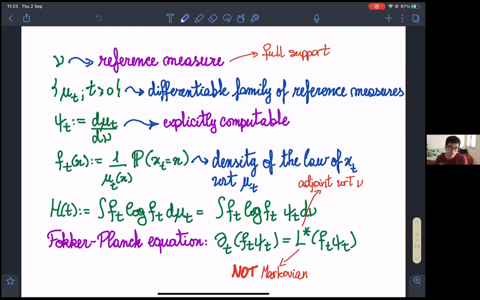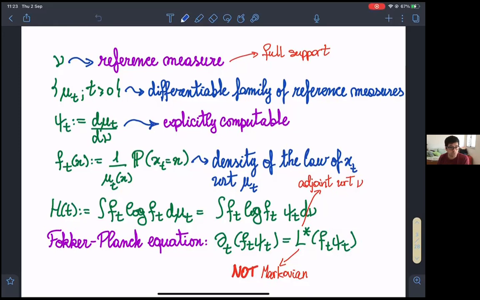Okay, in that case, what happens is that the adjoint operator L star that appears in the Fokker-Planck equation is the adjoint with respect to L2 of the base measure. So in this case, this L star is different from the star that we discussed yesterday, because we are now taking the adjoint with respect to L2 of nu.